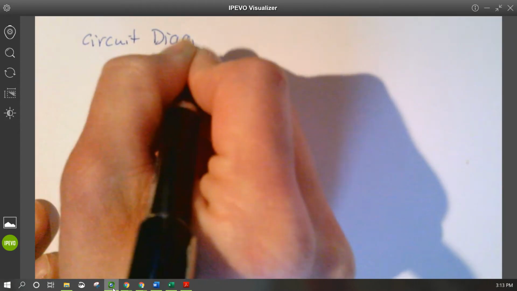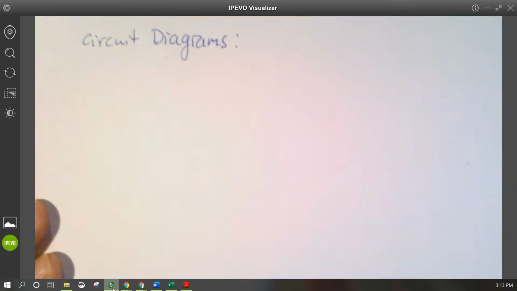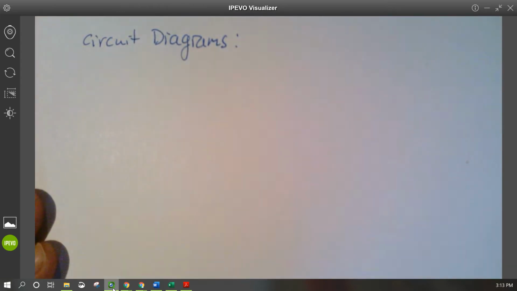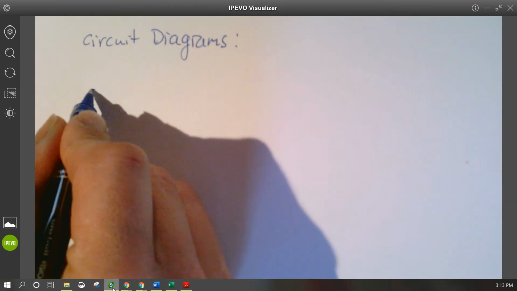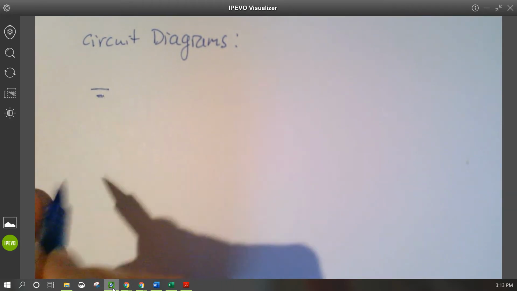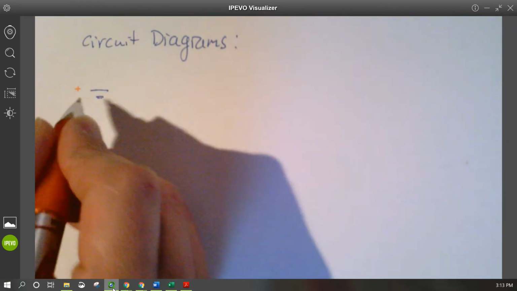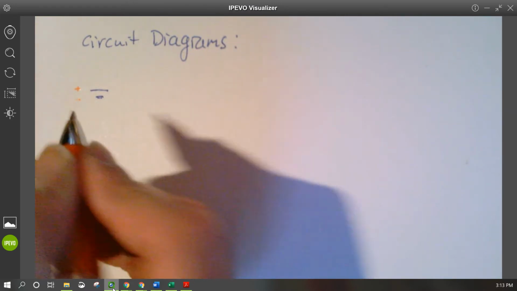So the first thing we're going to look at are circuit diagrams. And again, this is for series circuit. So with a series circuit, we are going to have our power supply or our battery, and that's just a long line with a short line. And if you remember from previously, the long line represents the positive terminal of the battery, and the short line represents the negative terminal of the battery.